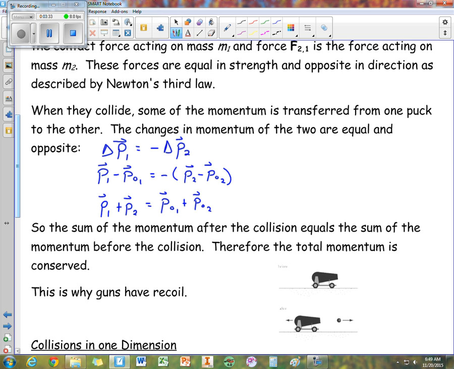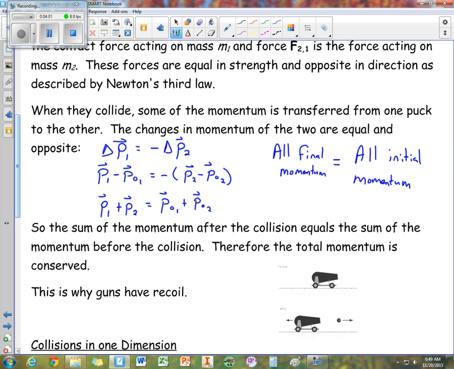Notice that what we have then is that all of the final momentum equals all the initial. And that can be kind of a cool way of looking at it as well.